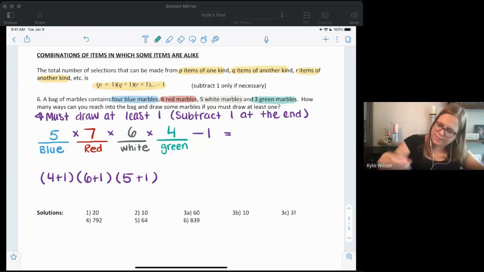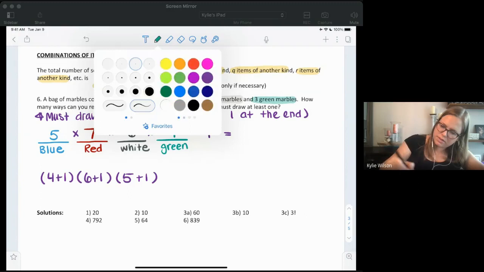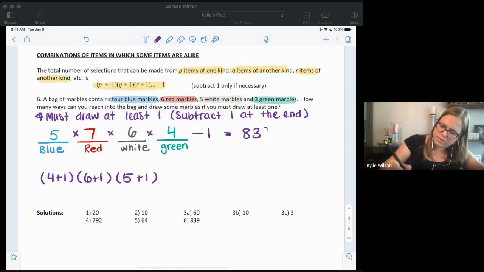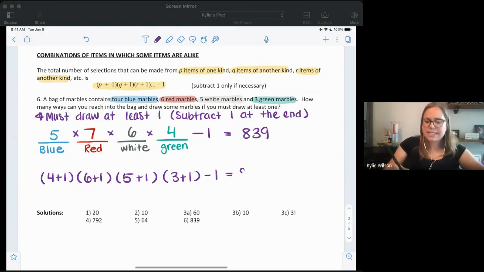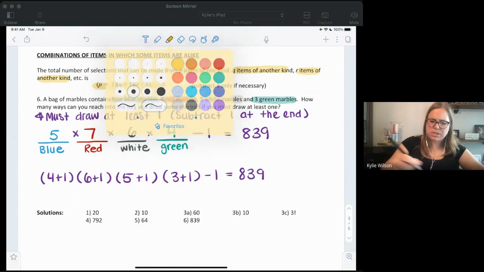It was 629. Here we go. But I could have also done it like this and written it out this way. It doesn't matter how you want to do it. Whatever you're most comfortable with is totally fine.